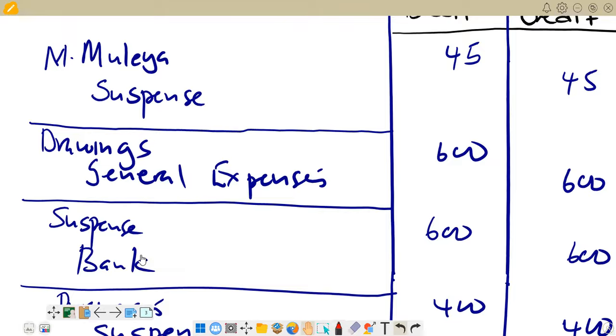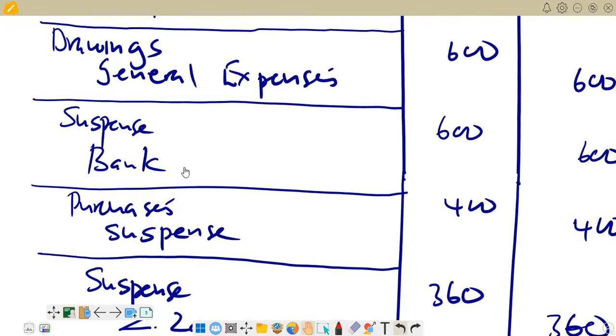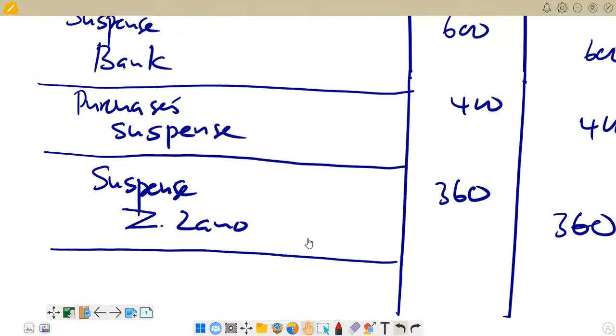Then you can also pick this one. We have suspense on the credit side, and we go to the credit and put 400, and you put the other name of the account, which is the purchases account.